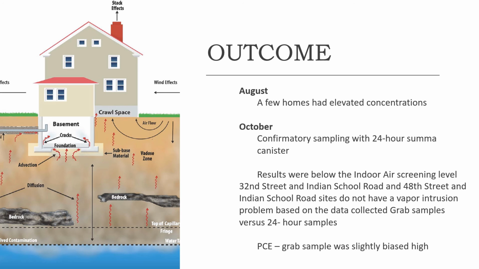We basically found that we had no homes that were exceeding our action levels. We also found that the PCE grab samples that were being done with the glass syringes were slightly biased high, so that made us very confident that the levels that we were finding in all the studies were the actual concentrations in the home.